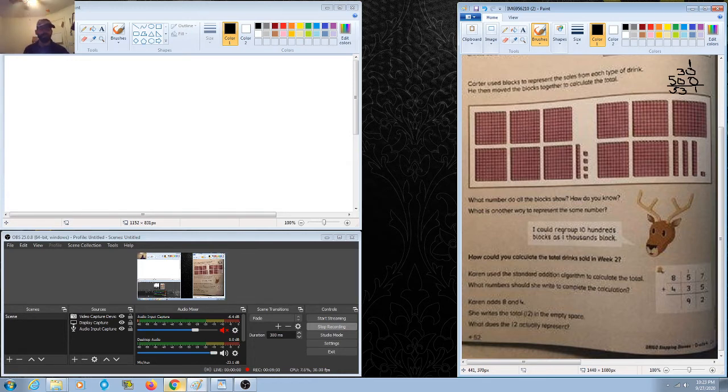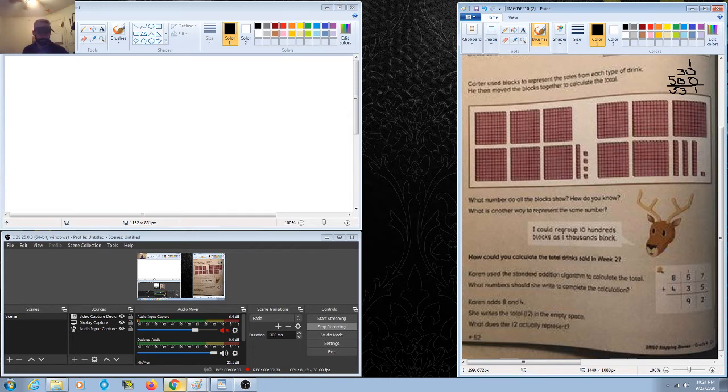Each of these little cubes represents 1, and when we have 10 of them in a straight line, we have 10 ones, but we can represent that as a group of 10. If we have it in a 10 by 10 grid, instead of saying 100 little individual cubes, we can just call that one group of 100, which allows us a lot more comfortability with the place value concept.